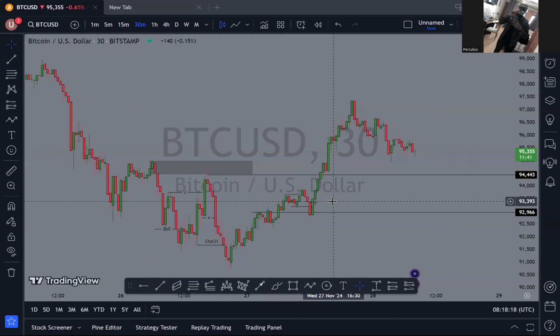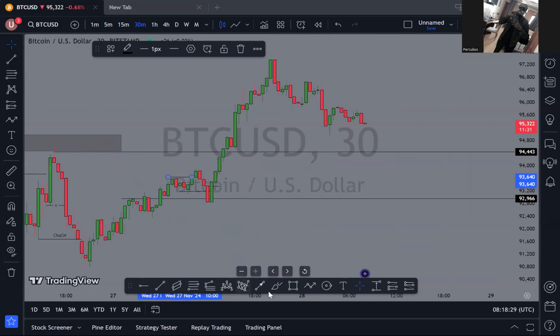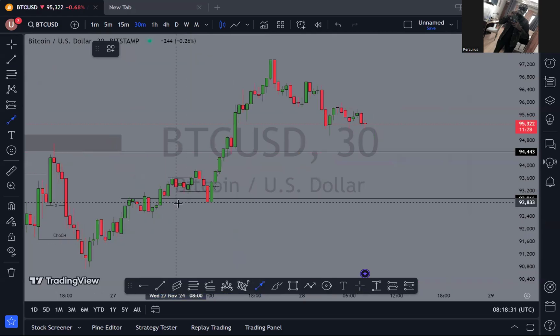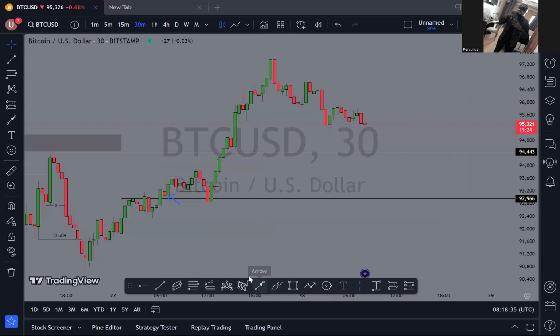And so what I did was go to the previous structure that wasn't tested before, because if you can see, there are two structures right here. There's one and two.